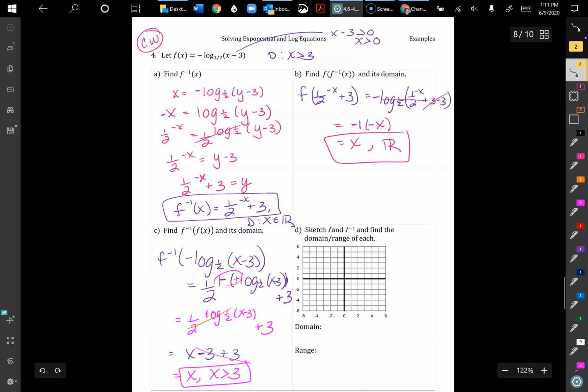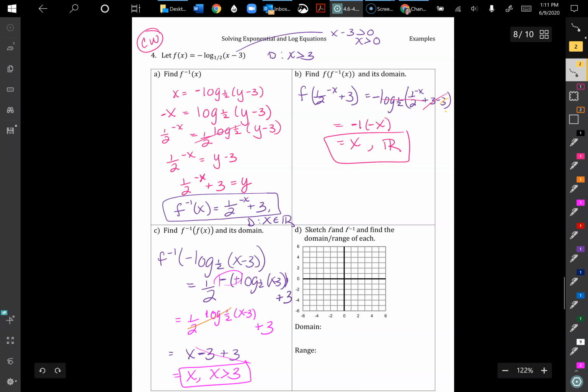Okay, so here we have part B. I just plugged in the half to the negative x plus 3 into my log function for x. So I end up with negative log base half of a half to the negative x plus 3 minus 3.